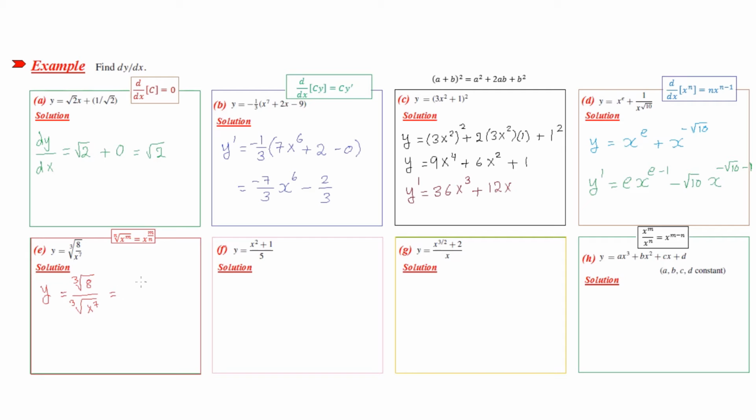And this equals 2 over x to the power 7 over 3. You have to move x to the power 7 over 3 up, and you will get a negative exponent. So 2x to the power negative 7 over 3.